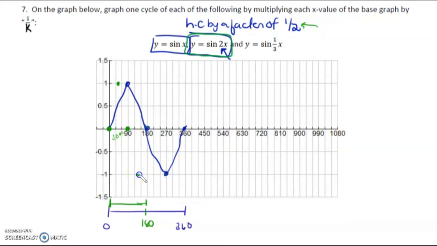You're going to get really familiar with these numbers. 360 is going to half to 180. So this one has the same amplitude, doesn't shift over, it starts at 0, 0. The only thing is that, like an accordion, it's going to have that horizontal compression. Every point is actually getting closer to the y-axis.